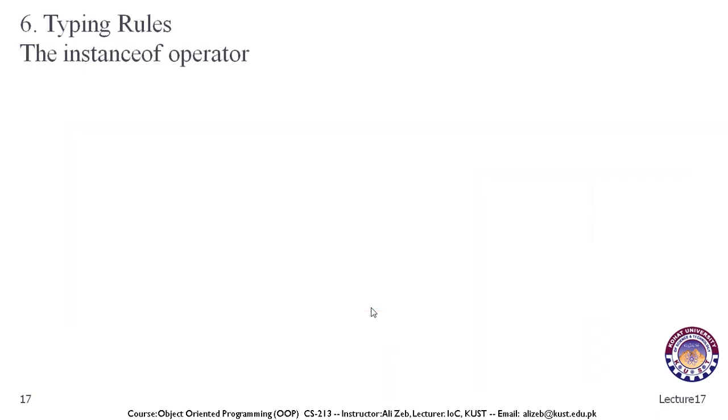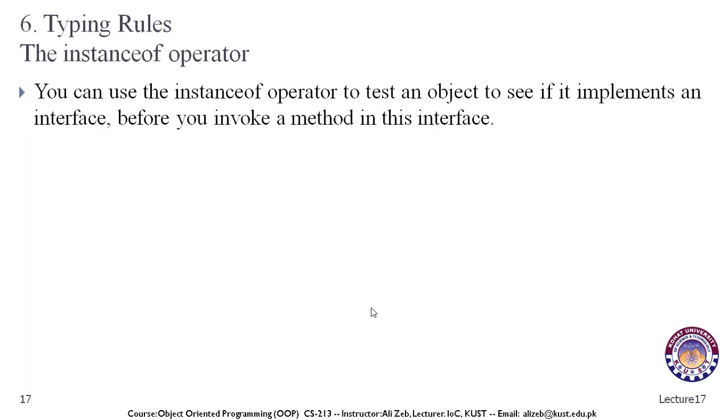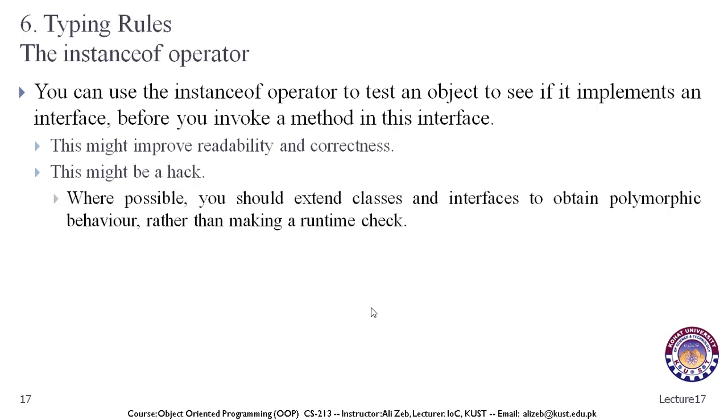We can also use the instanceof operator. You can use the instanceof operator to test an object to see if it implements an interface before you invoke a method in this interface. This might improve readability and correctness. This might be a hack.